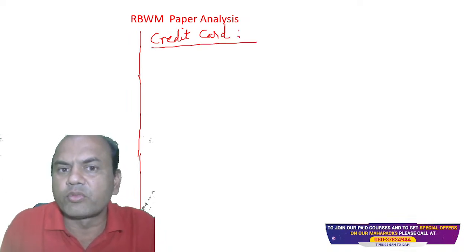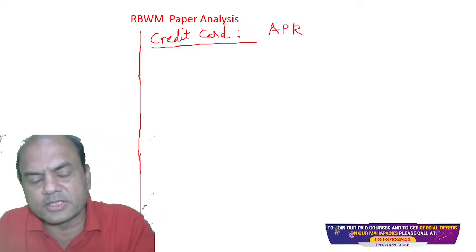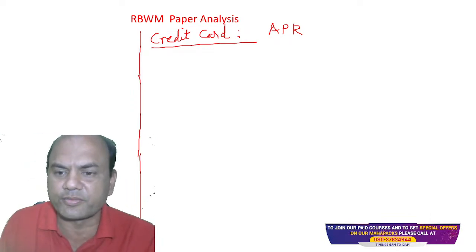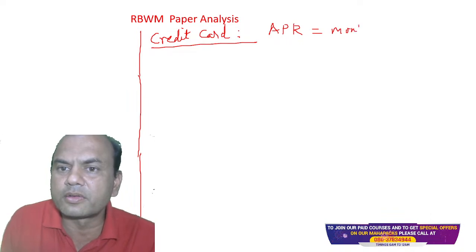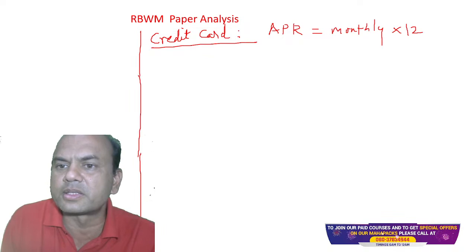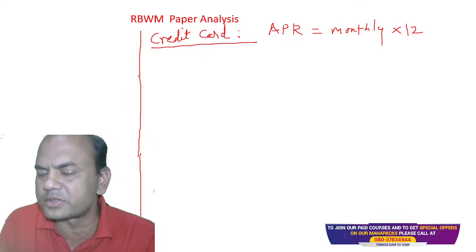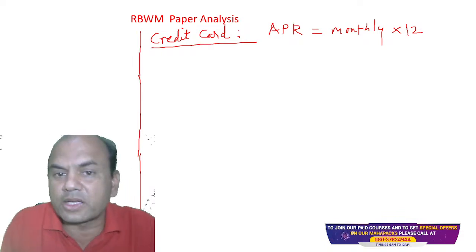What they ask you is generally APR, annualized percentage rate. So what is APR? Whatever is the monthly rate, multiplied by 12. Just do that. Then sometimes they ask you the effective rate.